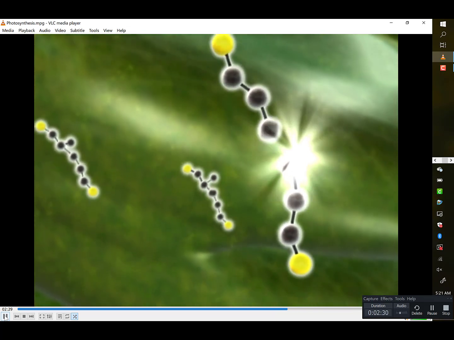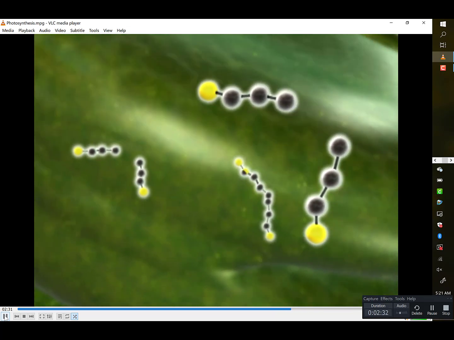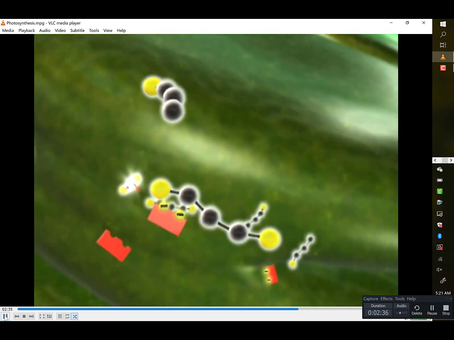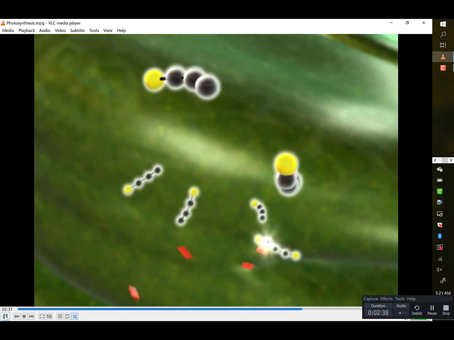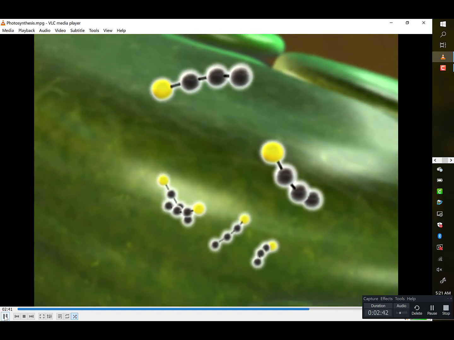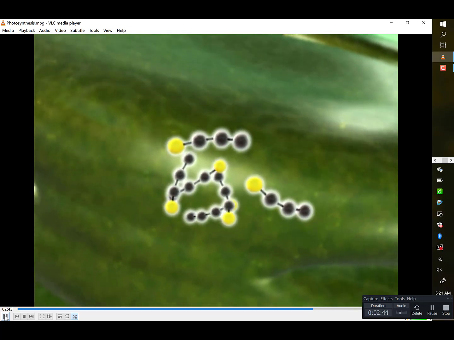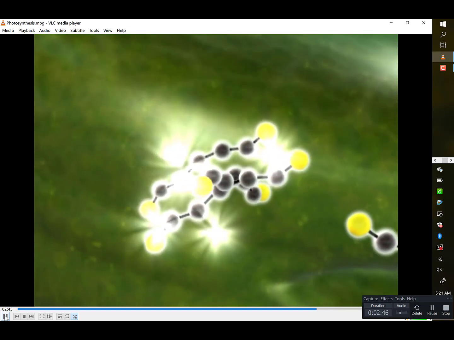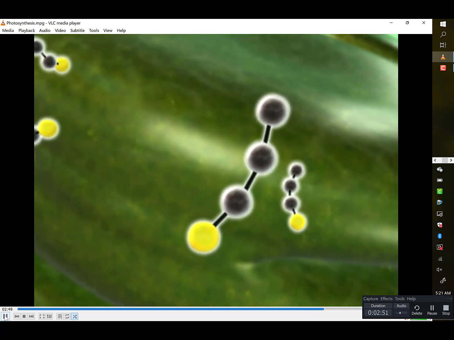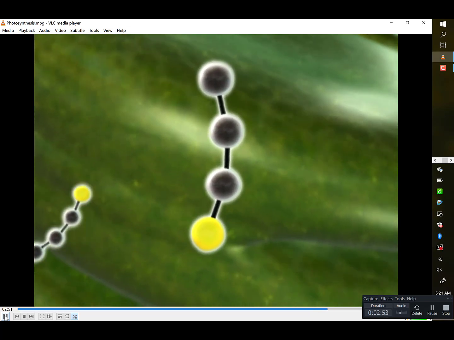The resulting molecules go through a series of reactions powered by ATP and NADPH from the light reactions. Sugar molecules known as G3Ps are produced. Most of the G3Ps are rearranged back into RUBPs that will begin the Calvin cycle again. But the important product of photosynthesis is the remaining G3P sugar.